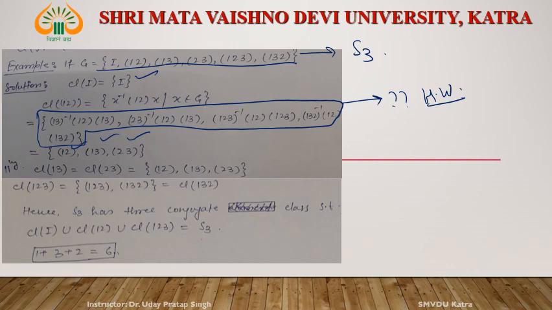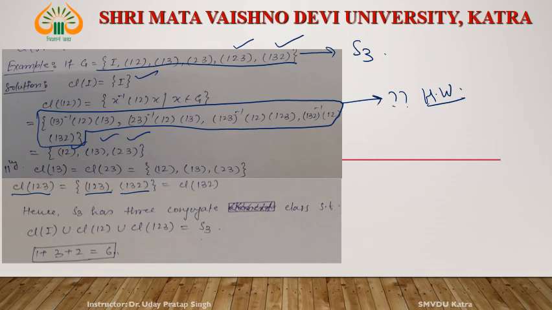CL (1 2 3), the conjugacy class of a cycle of length 3, contains all the elements of length 3: (1 2 3) and (1 3 2).